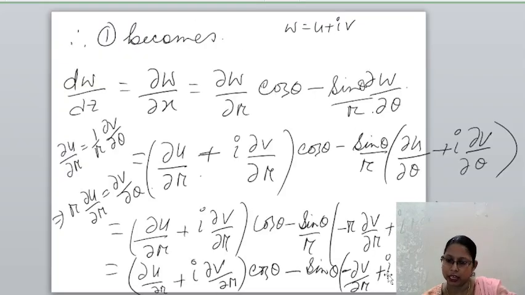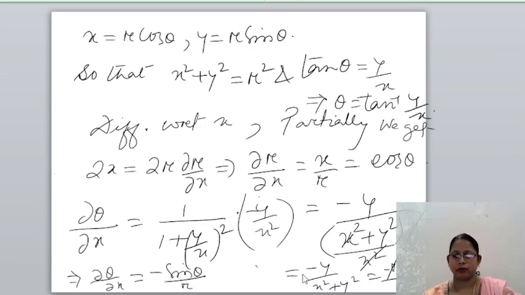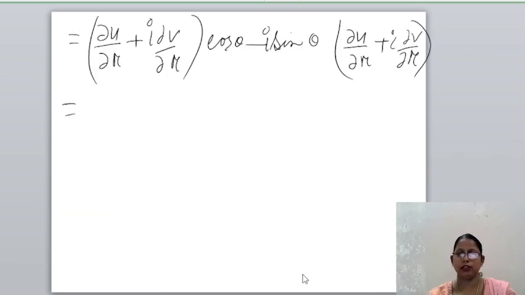I am taking only i common, not minus. This is minus 1, so it will be i square, and from here I have taken i common, so it will be i. So this is minus i.